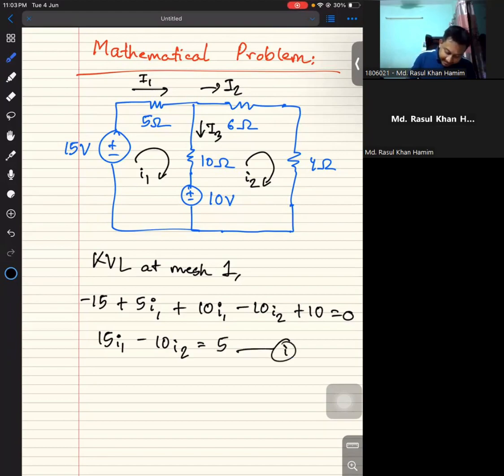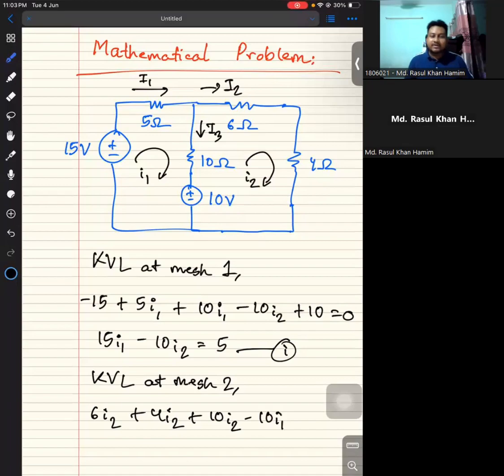Now let us apply KVL at mesh 2. Applying KVL at mesh 2, we get 6 I2 plus 4 I2 plus 10 I2 minus 10 I1.